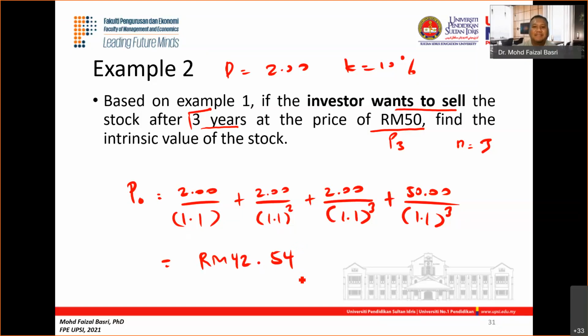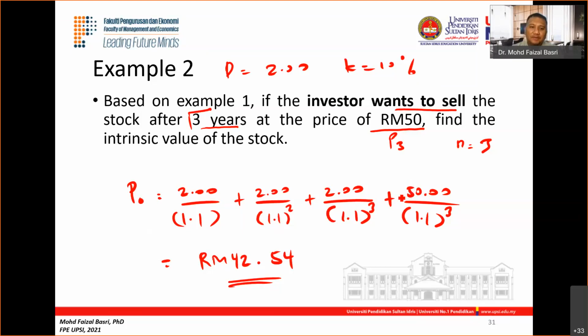Okay, so this is the intrinsic value of the stocks based on the dividends and also the selling price. Okay, so this is our first model. And the characteristic is the dividend is constant every year, with the one selling price.